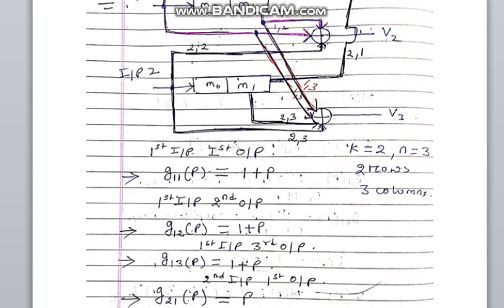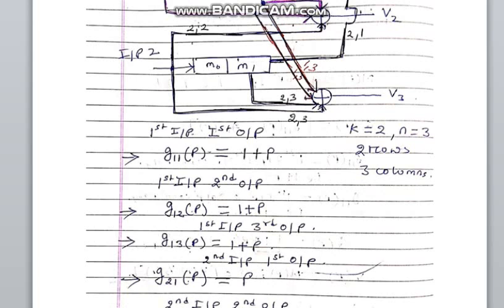Now coming to 2 1, second input, first output. What we have to observe is which memory elements of the second input are connected to the first output V1. See, I have written over this line 2 1. Just take care of it.